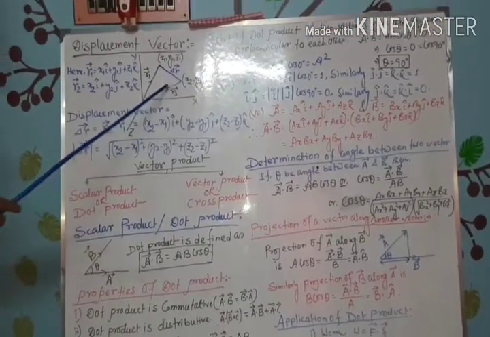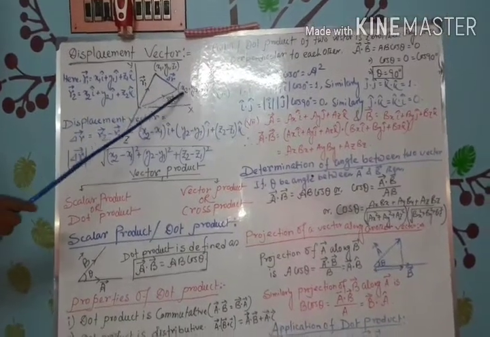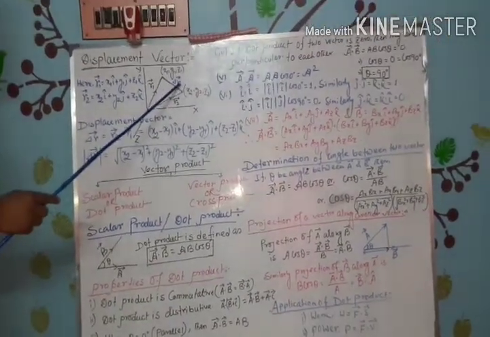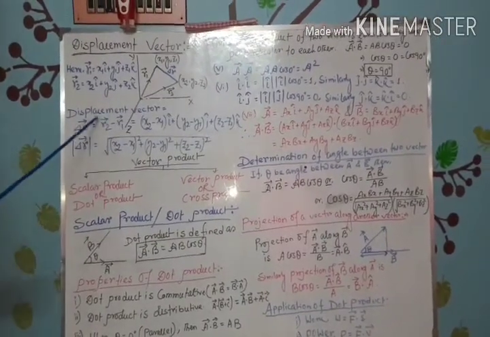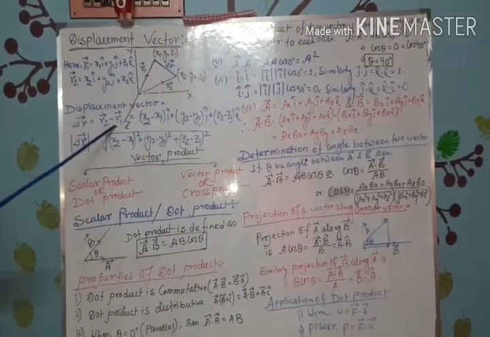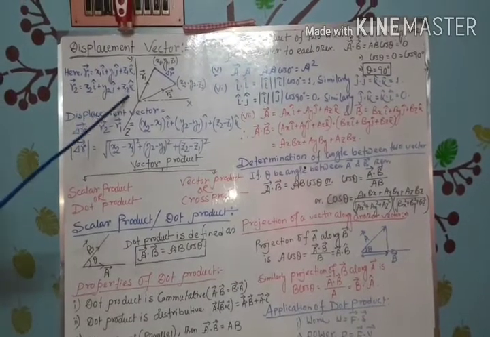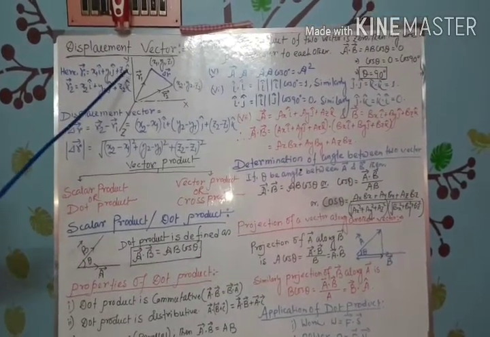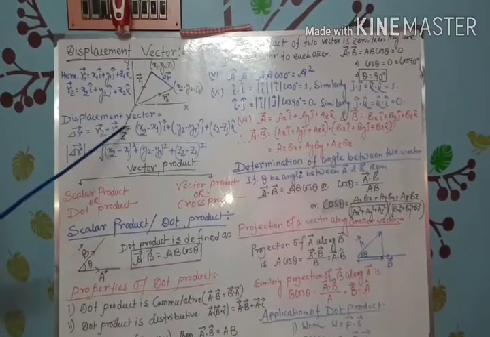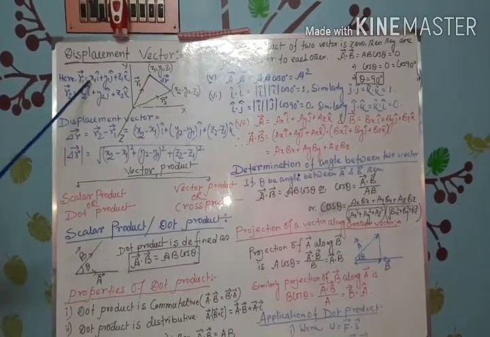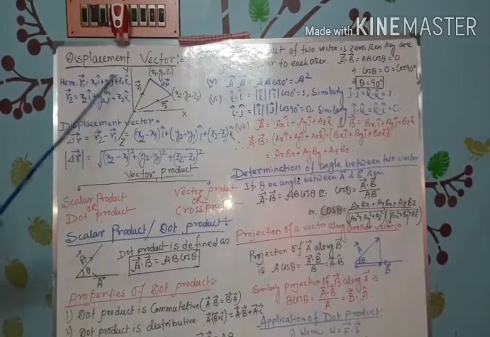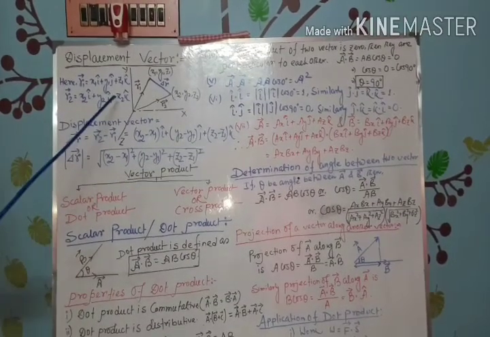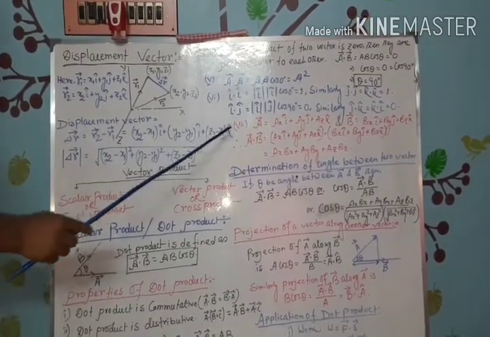So if we apply the triangle law for this triangle, then the displacement vector del r vector is equal to r2 vector minus r1 vector. So r2 vector is this, r1 vector is this. Whenever you take this subtraction, it gives x2 minus x1 of i cap plus y2 minus y1 of j cap plus z2 minus z1 of k cap.